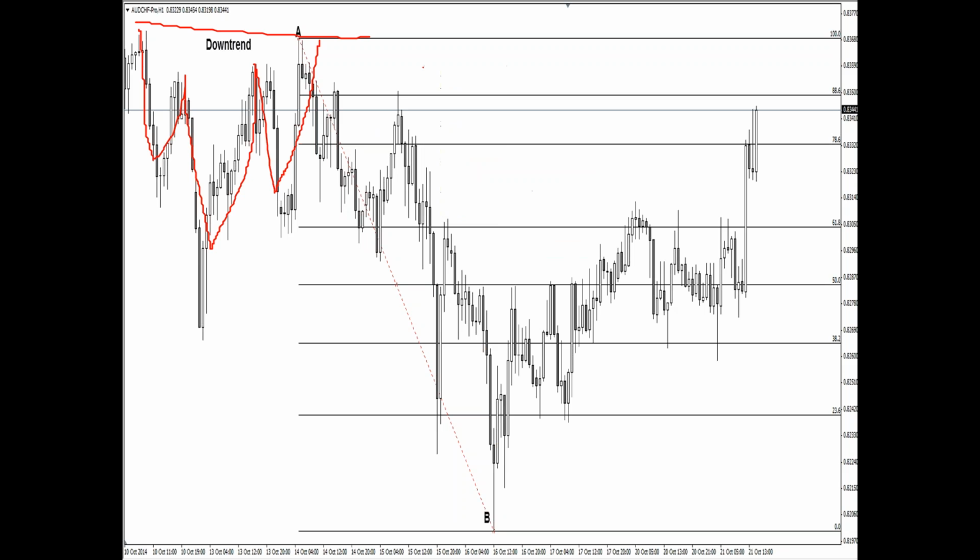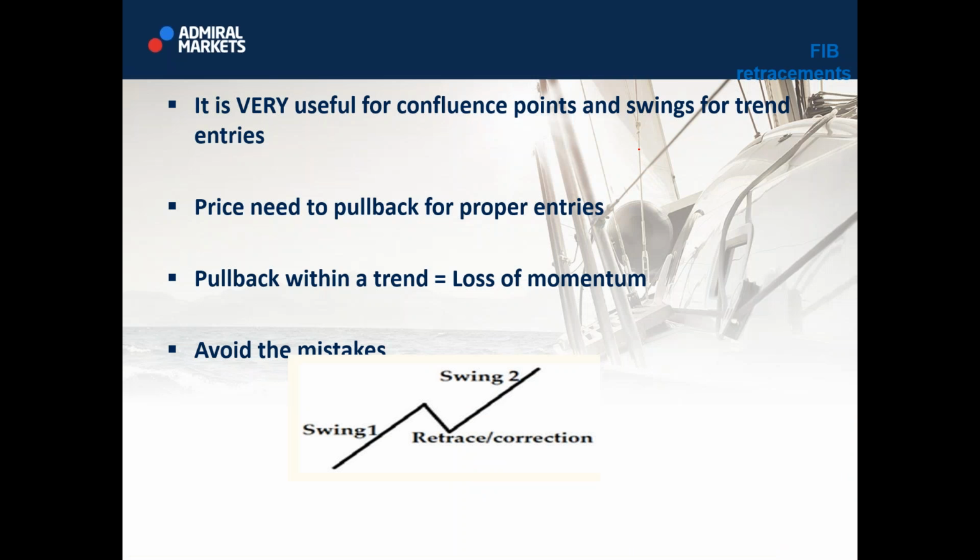Point A, right shoulder top. Point B, major swing down, bottom. AB, where is the C? 88.6 rejection. Now just place your Fibonacci's and watch the power of 88 and 78, especially 88.